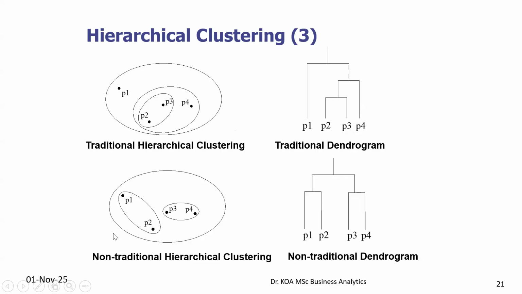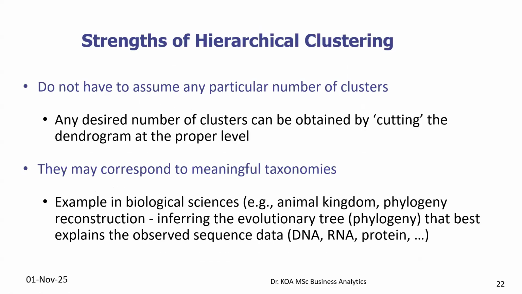You circle all of them together, so you give them one big circle, and therefore you cannot say that P4 has the higher hierarchy. Rather, there is a higher hierarchy above both of them, and then each of these two groups will split into their own non-traditional dendrogram. So watch how the traditional hierarchical clustering and the non-traditional hierarchical clustering work. When we come to the practicals, you will see it.